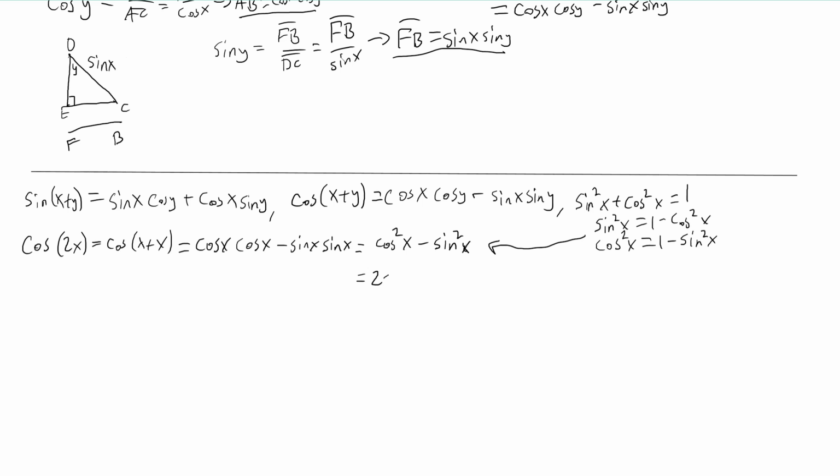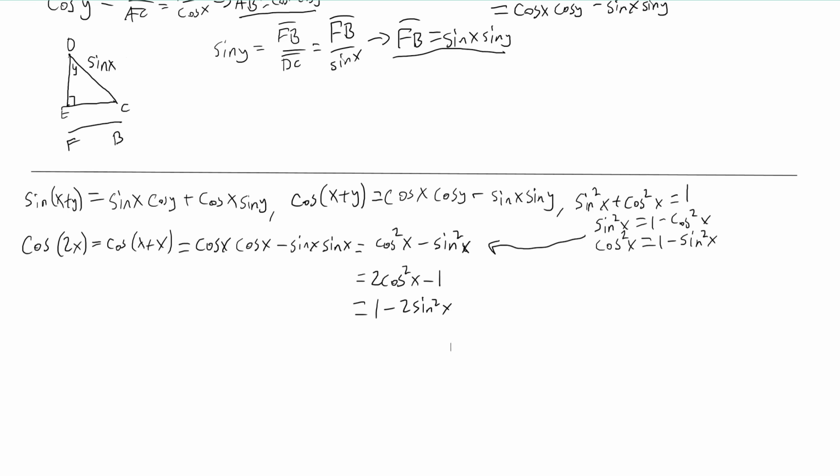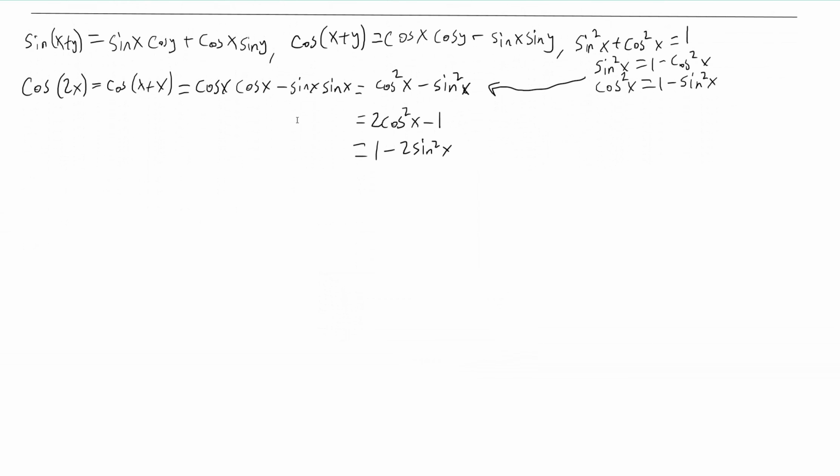The first one is 2 cosine squared of x minus 1, and the other one is 1 minus 2 sine squared of x. And these formulas end up being extremely useful when you have an angle that you either want to double for some reason, or you want to cut it in half.